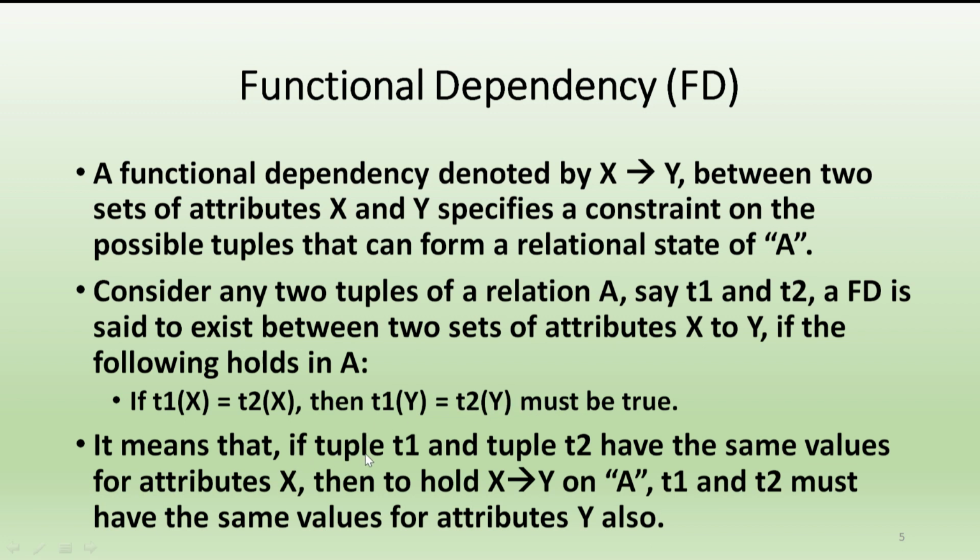So it means that if tuples T1 and T2 have the same values for attribute X, then for X to functionally determine Y in R, T1 and T2 must have the same value for attribute Y also. So this is the theoretical definition.